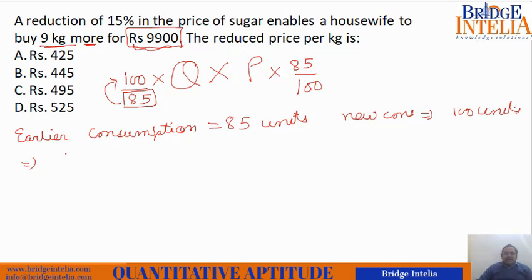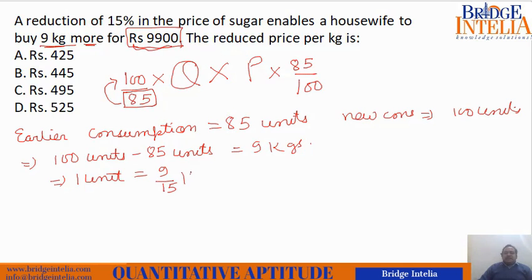So it means 100 units minus 85 units is equal to 9 kgs. So from here 15 units is equal to 9 kgs. So 1 unit is equal to 9 by 15 kg, that is equal to 3 by 5 kgs.